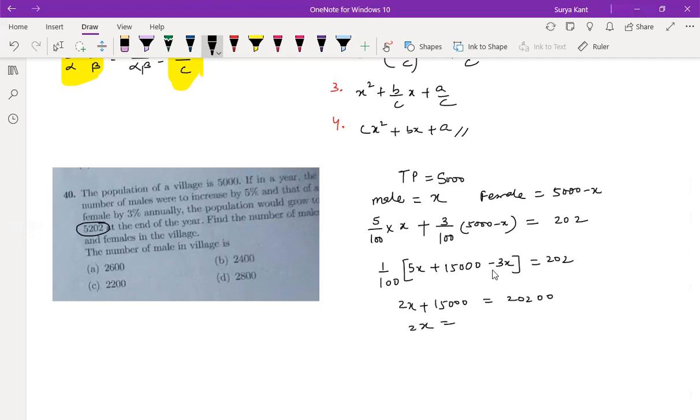So 2x is equal to 20200 minus 15,000. What will come? 5,200. But x is equal to what are you getting? 7 2s are 14, 2,600.